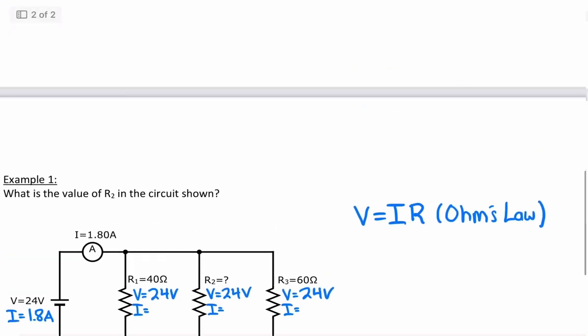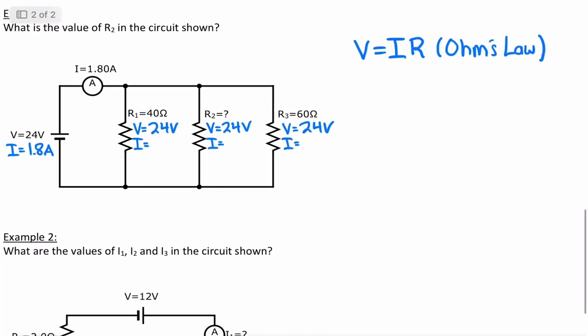I is going to be V divided by R. So 24 divided by 40, which gives me 0.6 amps.